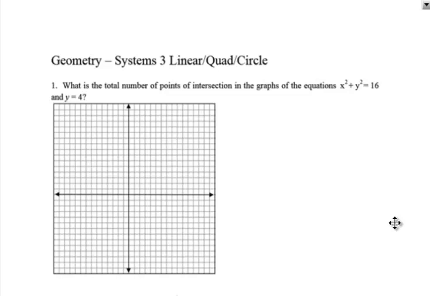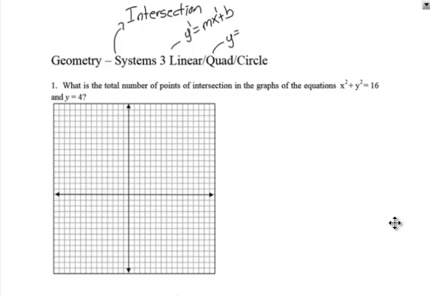To review, what are we looking for with systems? Well, the first thing is on the graph, we're going to look for the point of intersection. When we're looking at linear, we're thinking about things in slope-intercept form, with y to the first power and x to the first power.